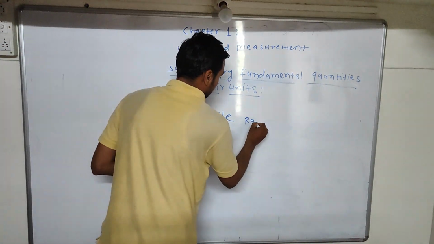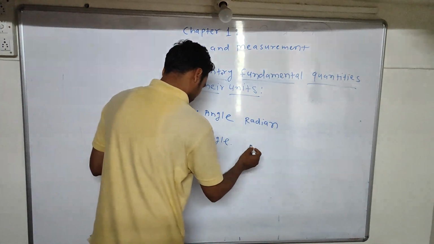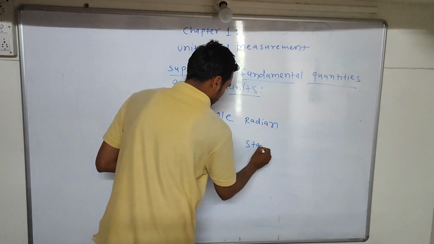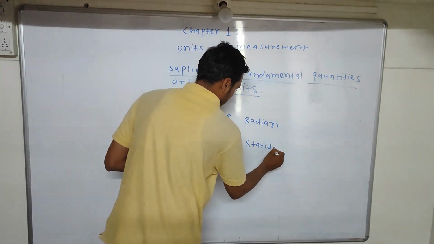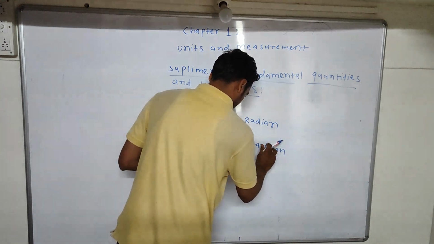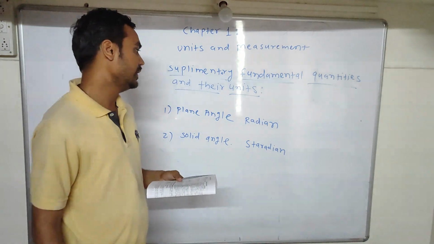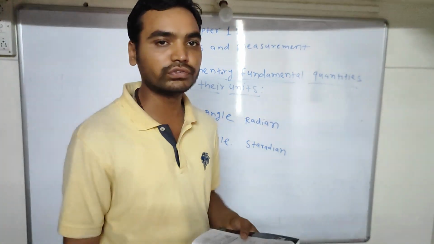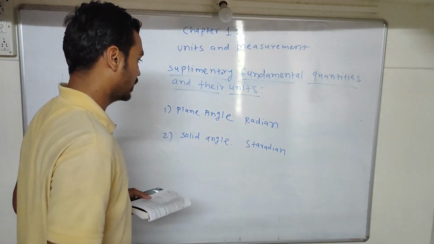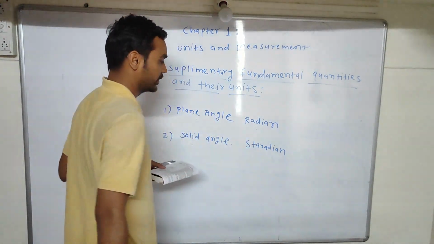Radian, and then steradian. Plane angle unit is radian and solid angle unit is steradian, right?